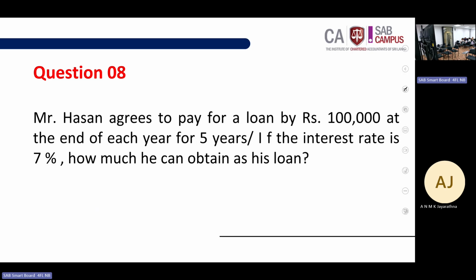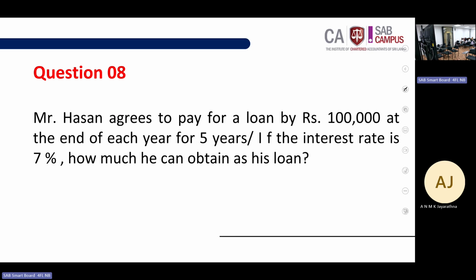So the present value of this annuity payment will be considered as the maximum amount that the bank agrees to pay for this person as a loan. Otherwise, the bank is not going to give any additional money. Why? The bank can't collect it.